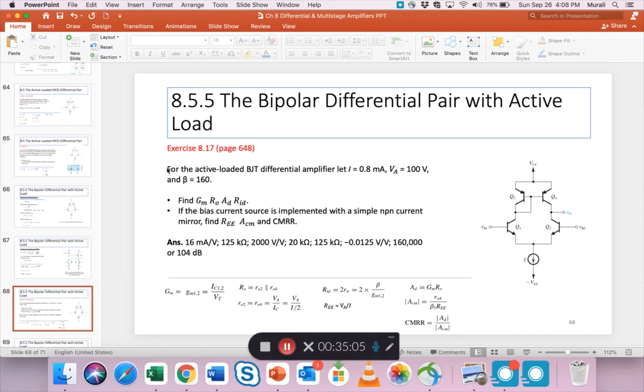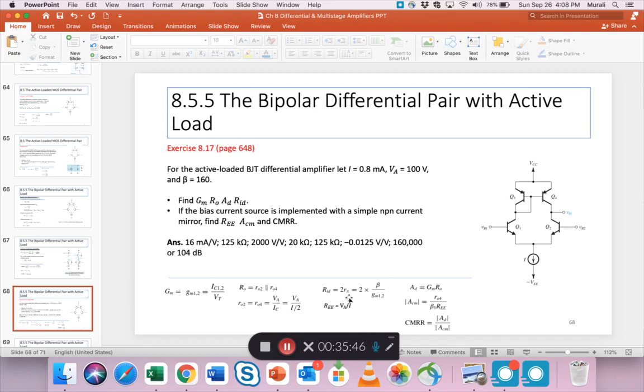So 817 is again an exercise related to BJT differential amplifiers with active load. So mostly, other than the fact that you get a mention of beta, there's pretty much zero difference. Well, ACM has a slightly different formula, which of course involves beta. But other than that, almost everything is the same.